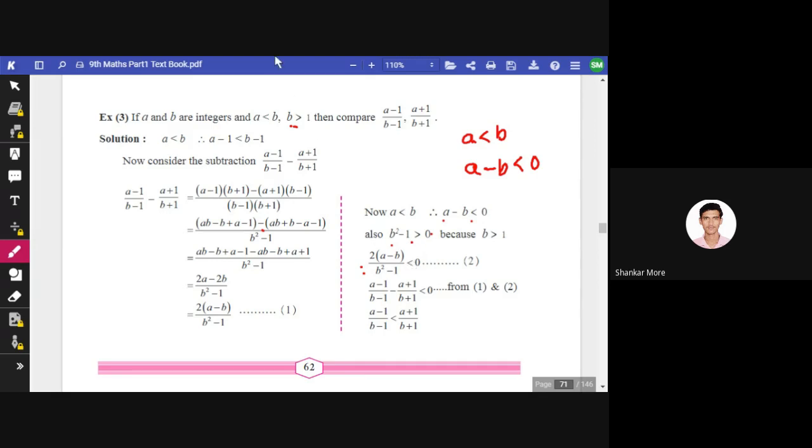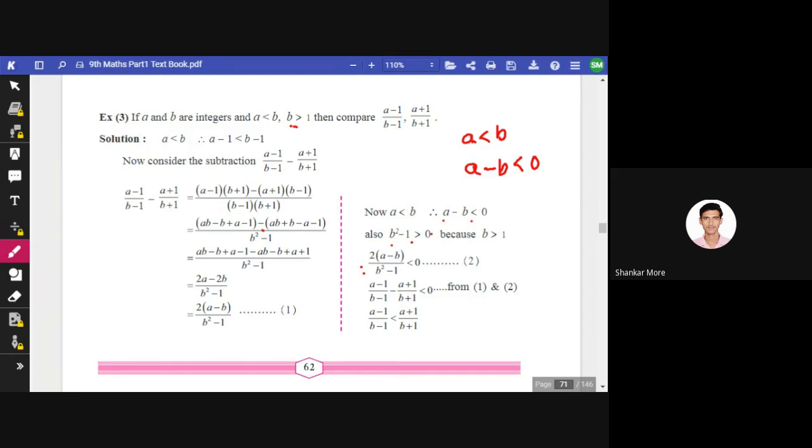What is meant by the expression being less than 0? Less than 0 means negative. Okay, either numerator is negative and denominator is negative, then the complete number becomes positive. But if only one is negative then that number will be negative, isn't it? But here our denominator is positive, it is greater than 0, but numerator is smaller than 0, that's why it is negative and that makes the complete number negative.